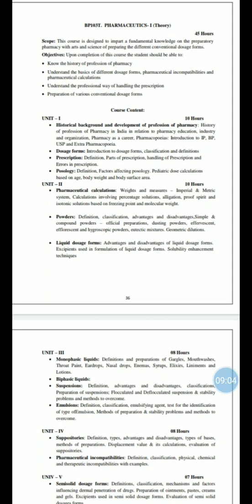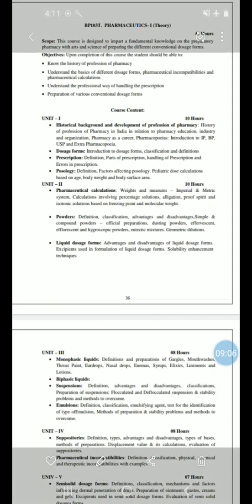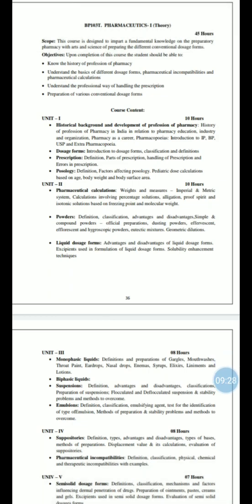Then also we will see the dosage form introduction as well as different classification of dosage forms, and also along with definition of each and every dosage form. Yes, as I said earlier, example of dosage form: semi-solid dosage form, liquid dosage form, or the solid dosage form.